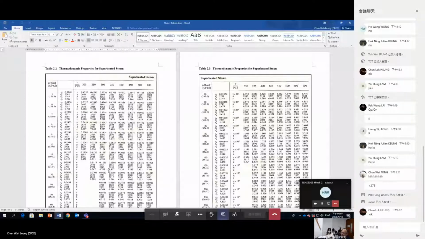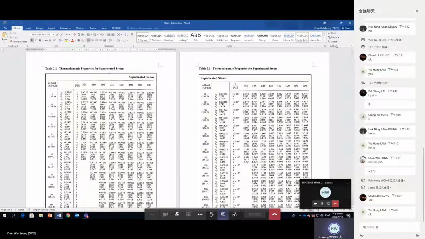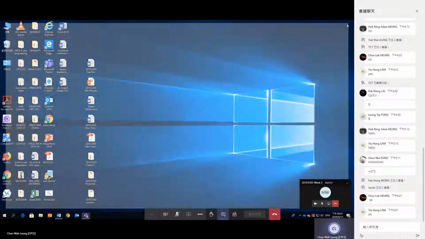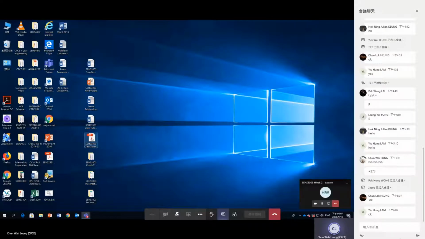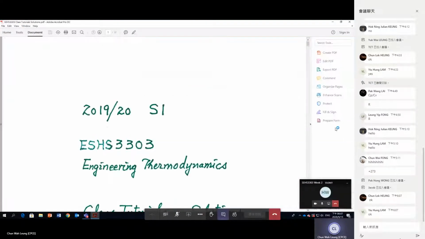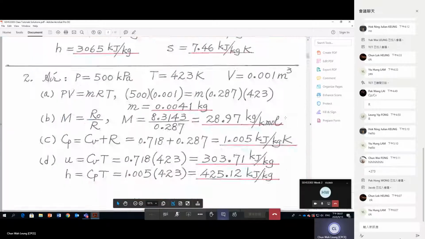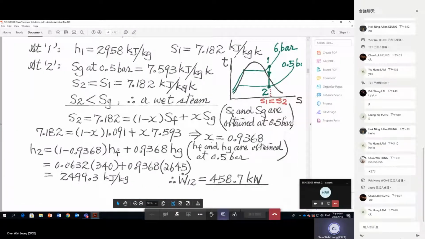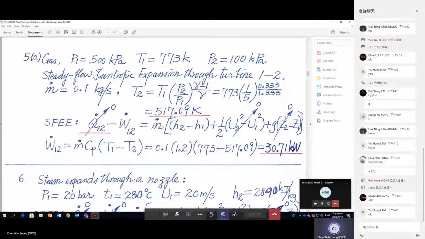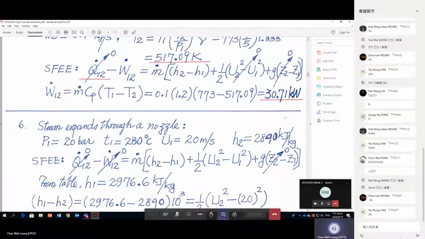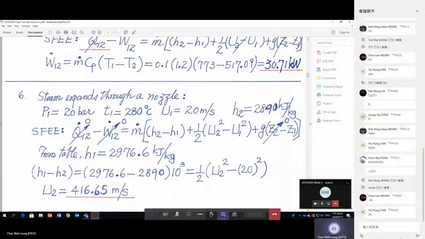Okay. So therefore, now we found the enthalpy at 20 bar, also at 250 to 280 degree centigrade.